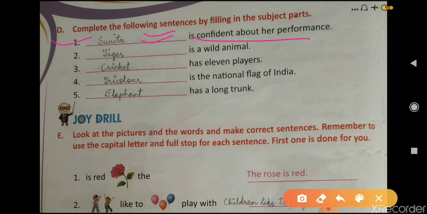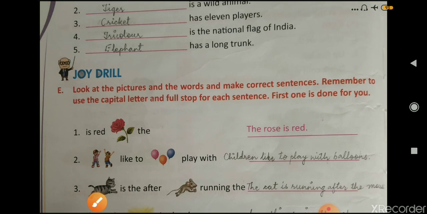You can write any other name also. Then second, dash is a wild animal. Tiger. Third, dash has 11 players. Cricket. Fourth, tricolor is the national flag of India. So write here tricolor. Fifth, dash has a long trunk. Elephant. Okay, write correct spellings.